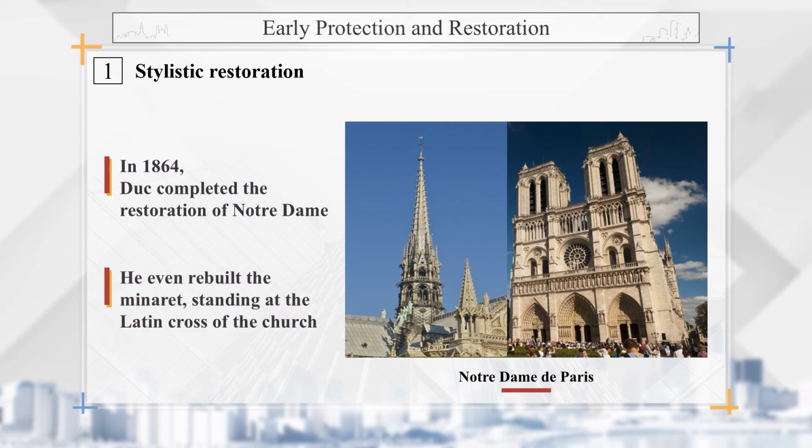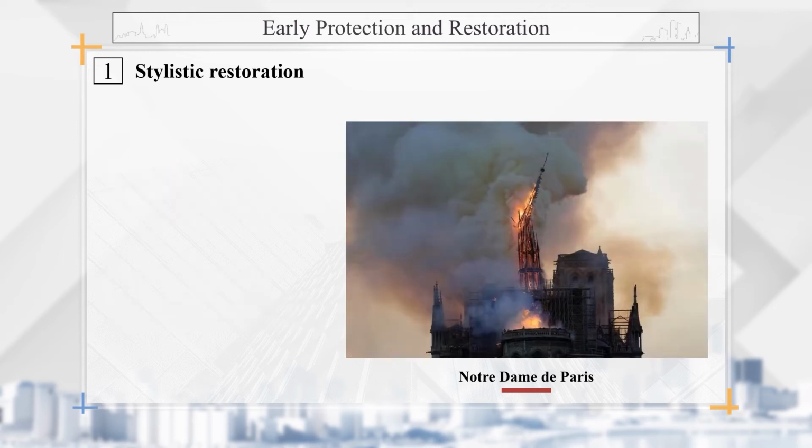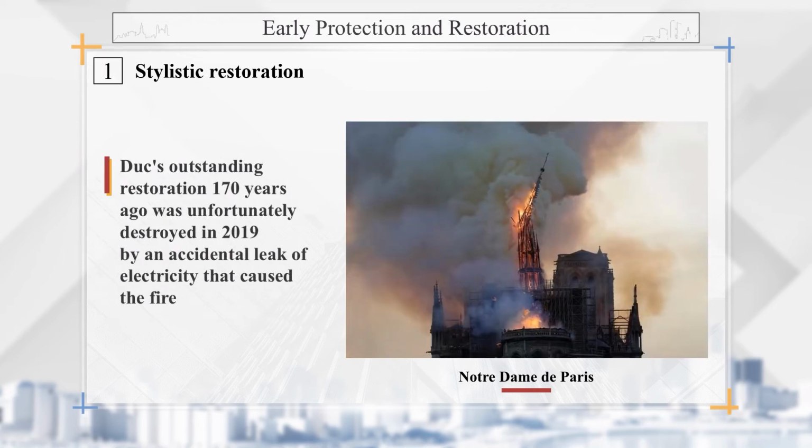He even rebuilt the spire standing at the Latin cross of the church, which was destroyed during the French Revolution. When he restored it, he thought the scale of the facade needed to have this high point, and he reconstructed the spire with more than 1,000 century-old oaks. His outstanding restoration 170 years ago was unfortunately destroyed in 2019 by an accidental electrical leak that caused a fire.